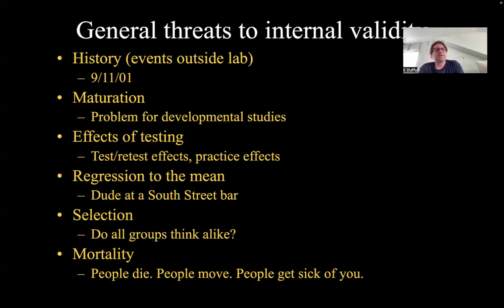But let's go back to internal validity. What are some threats? Well, some might be history, events that occur outside of the lab. So, COVID was a major thing that affected, and still affects, and probably will affect for many, many years, the way in which people act and behave. I think one of the things that's so remarkable to me is that, from before COVID until after COVID, students are really looking for more online experiences as opposed to in-class experiences.